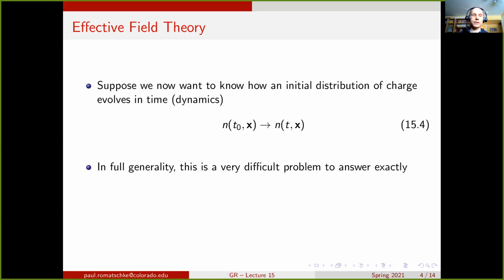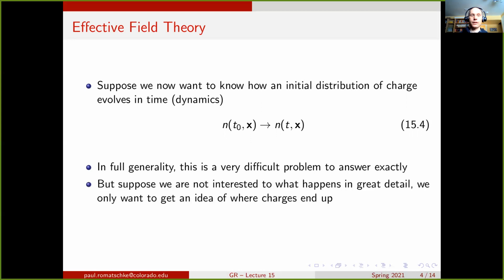In full generality, this is a very difficult problem to answer, especially if we want an exact answer in quantum field theory, for instance. However, in many situations, we are actually not that interested in the precise exact solution to this question, but we are perfectly happy to have some approximate answer for how this charge distribution evolves as a function of time, as long as it has some measure of converging to some exact answer at late times, for instance.